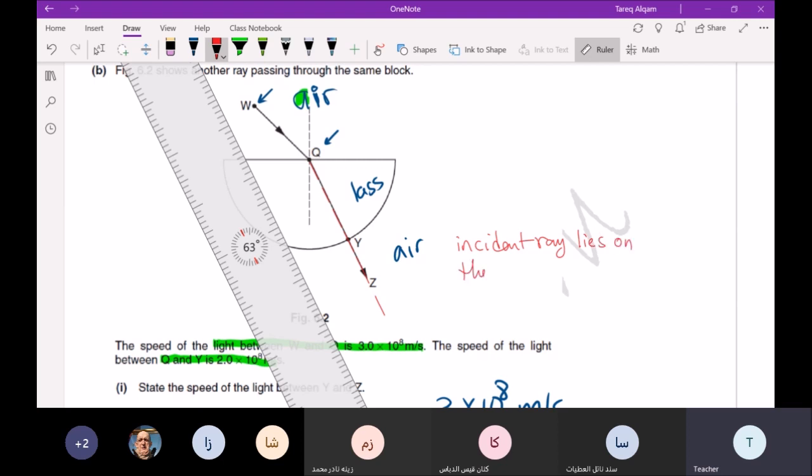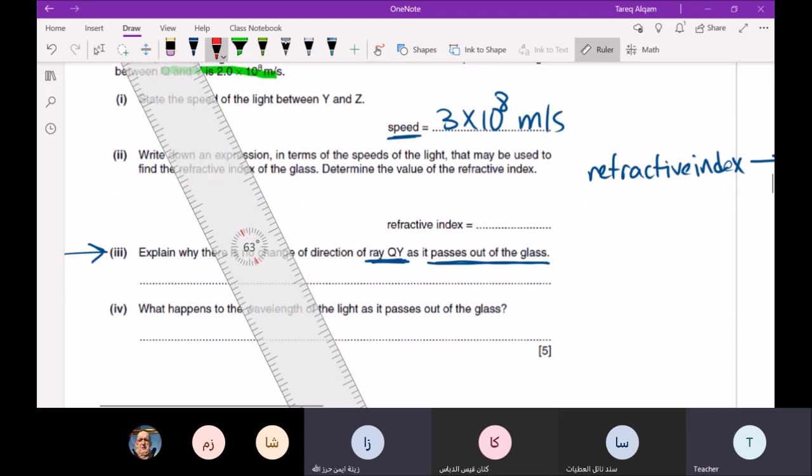On the normal at point Y. If it lies on the normal at point Y, it will not bend. Clear? It will not bend. Any question about that, guys? Yes, the angle is zero, definitely. The angle is zero, or it lies on the normal, or it's incident normally.